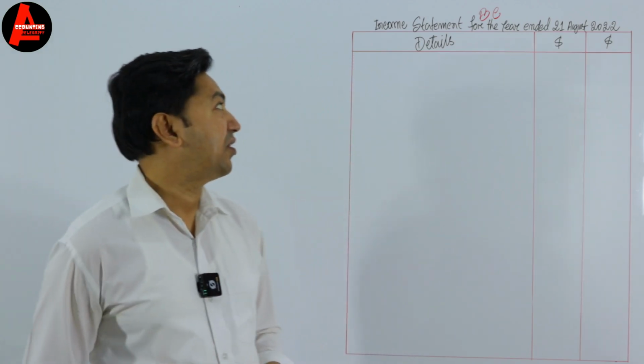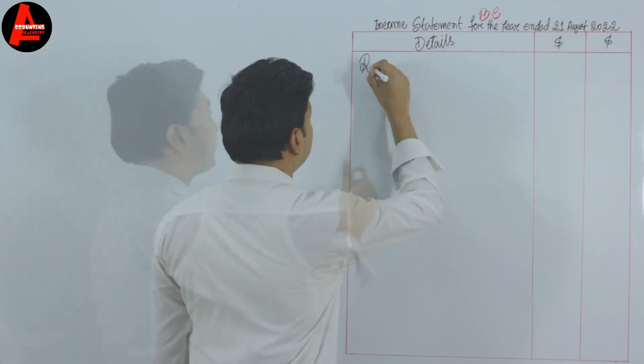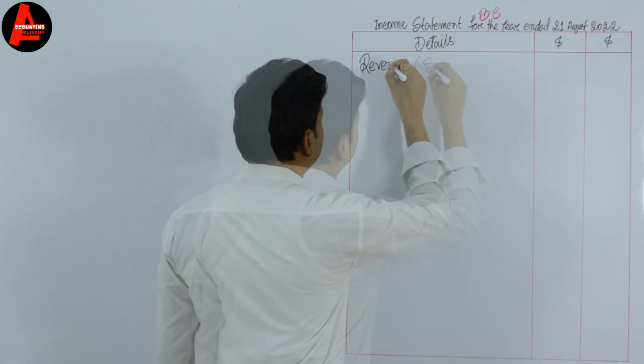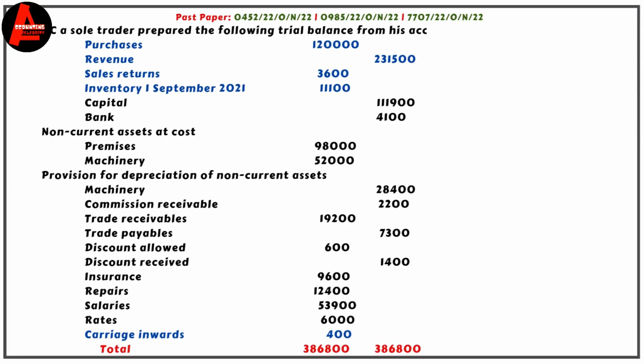So first of all, we will write revenue, yeah? So let us write it. Here on the trial balance, we have revenue. Second item here we see revenue. It is $331,500. At the same time, on the debit side, after revenue, we have sales returns.